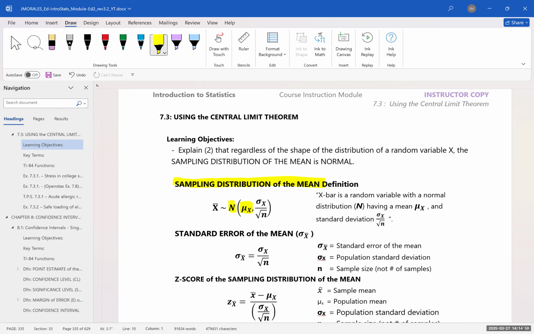The standard deviation of the distribution of means will be the standard deviation of the population divided by the square root of the sample size.